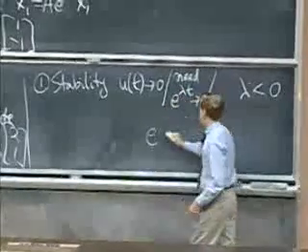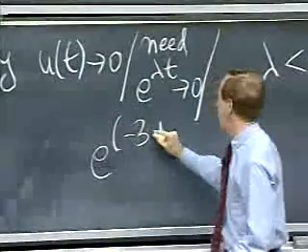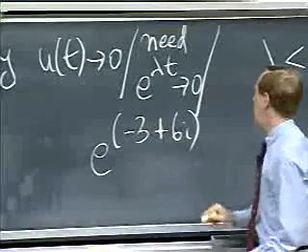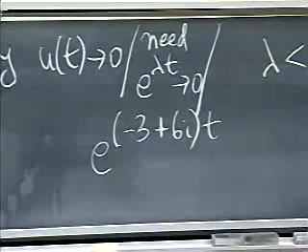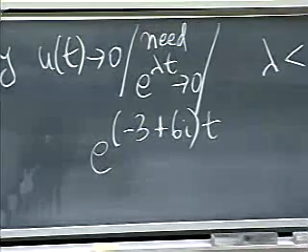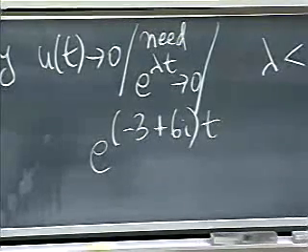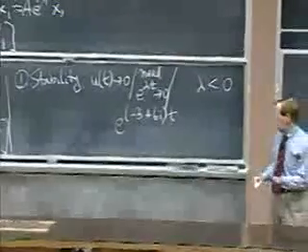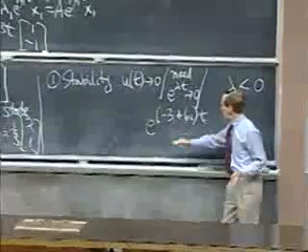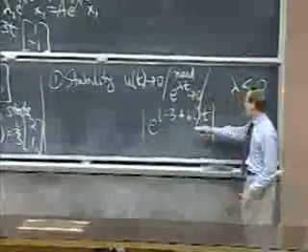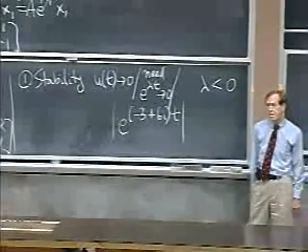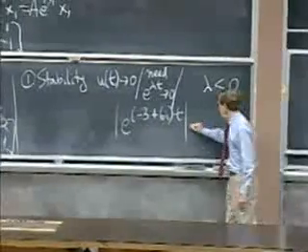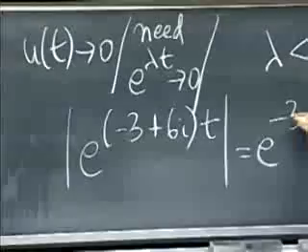If this lambda is -3 plus 6i t, how big is that number? Does this imaginary part play a role here or not? Well, how big is it? What's the absolute value of that quantity? It's just e to the -3t, right?